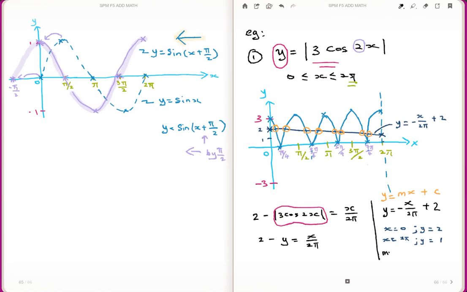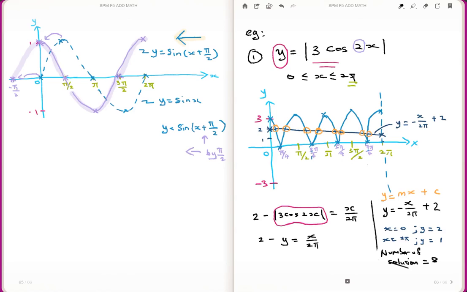Number of solutions equals 8. Okay, this is the actual way how you should answer your question. You should get marked along the way. Okay, you should circle them.